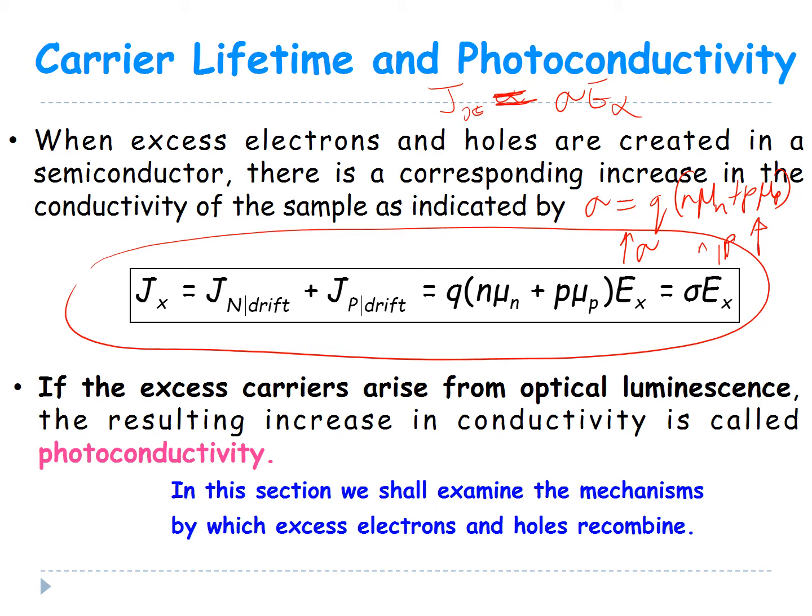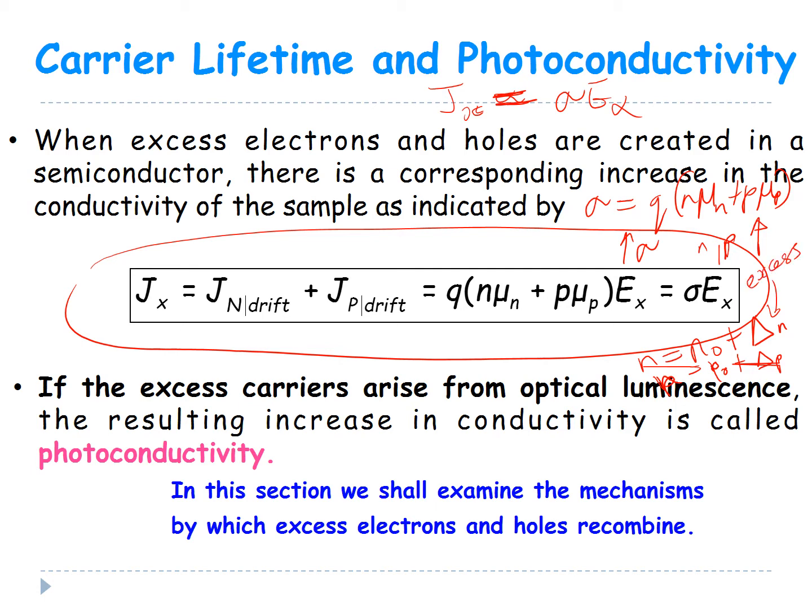Excess carriers are in addition to the equilibrium carrier concentration. It means that in the presence of excess carriers, our n will increase, because n is equal to n naught, which is the equilibrium carrier concentration, plus a delta n, for example. And p is equal to p naught plus a delta p. So the delta n and delta p are the excess carriers.